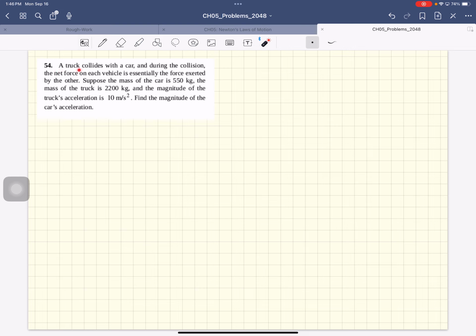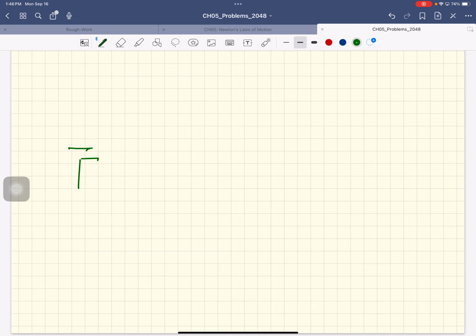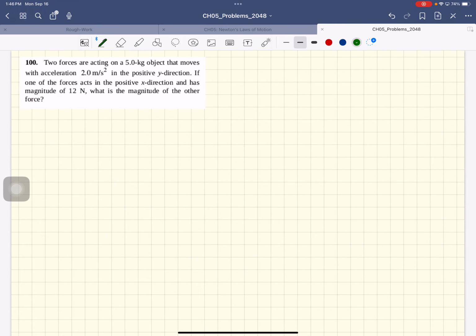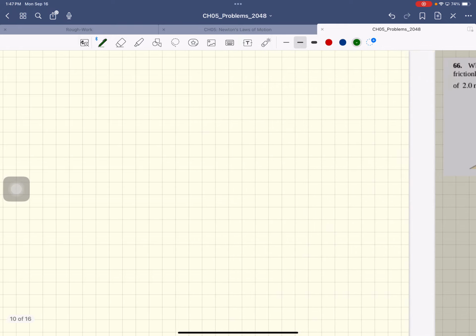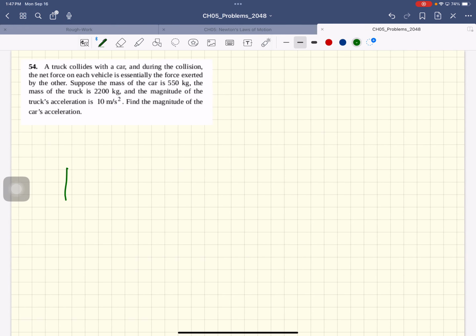This problem says a truck collides with a car, and during the collision, the net force on each vehicle is essentially the force exerted by the other. So what we are saying is the following.